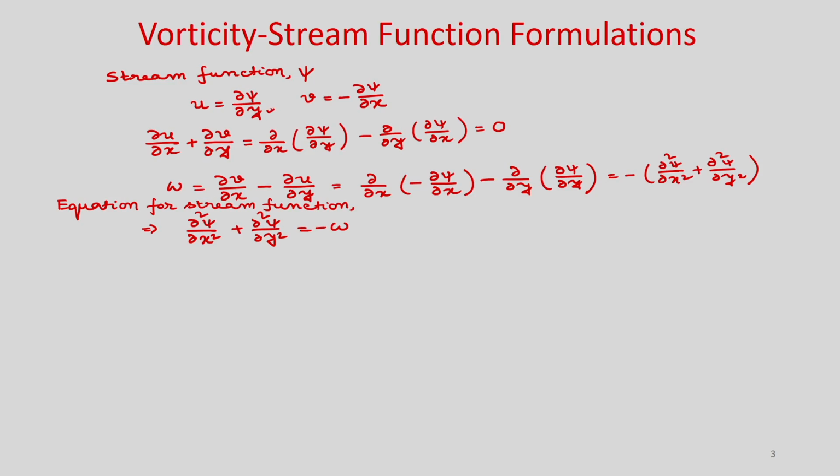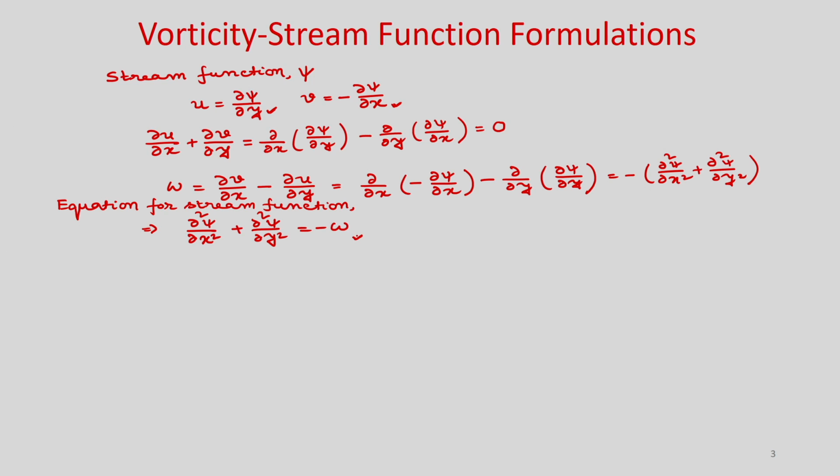For a known value of vorticity omega, you can solve this equation and find the stream function psi. Once you know psi, you can find the velocities, because u and v you can represent as a gradient of psi. From these expressions, u is equal to del psi by del y and v is equal to minus del psi by del x, you can find the velocities. Once you solve this equation, psi is known.